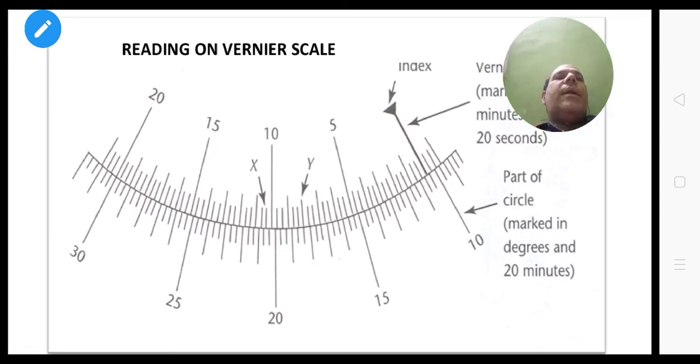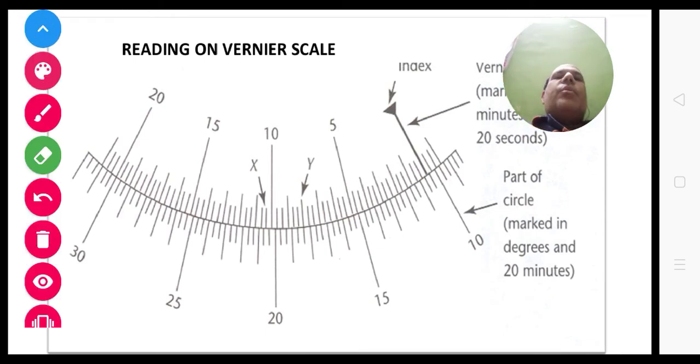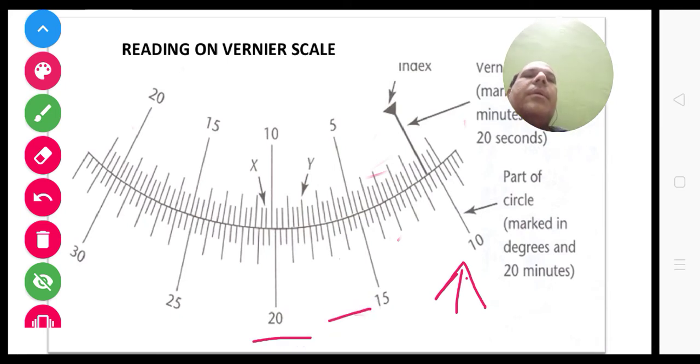The vernier is there. The lowermost part is the main scale. In the lower part, you can see 10, 15, 20; these are the readings on the main scale. These are 10 degree, 15 degree, 20 degree, 25 degree, 30 degree.